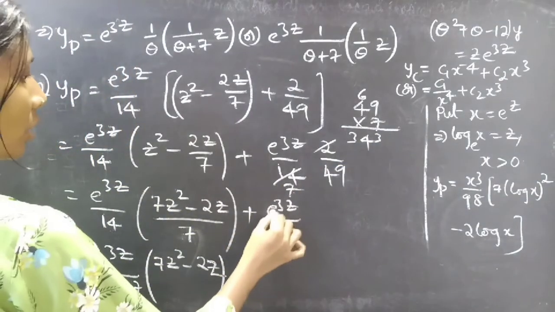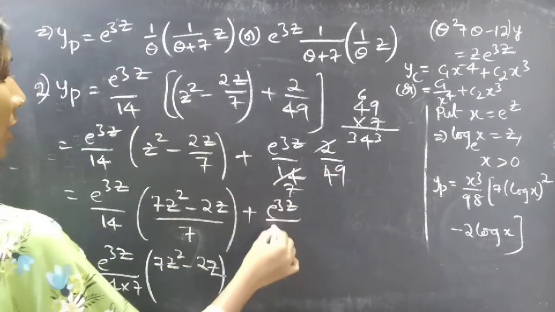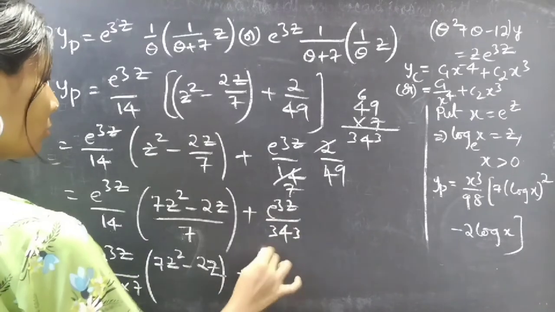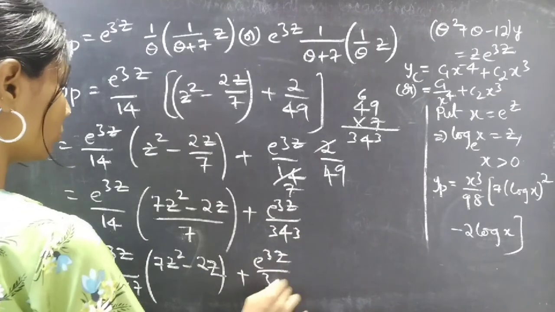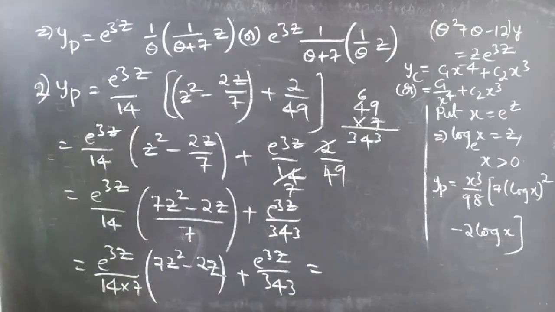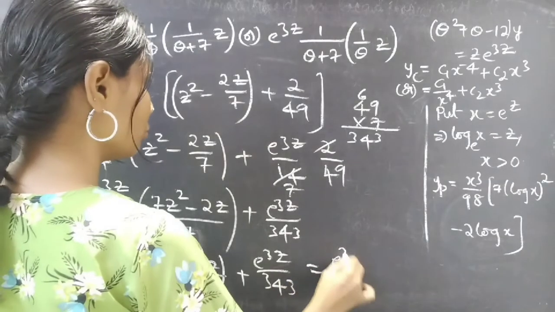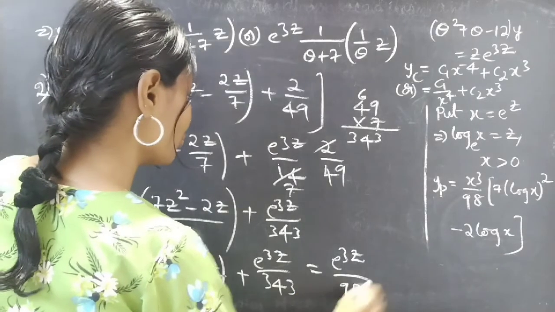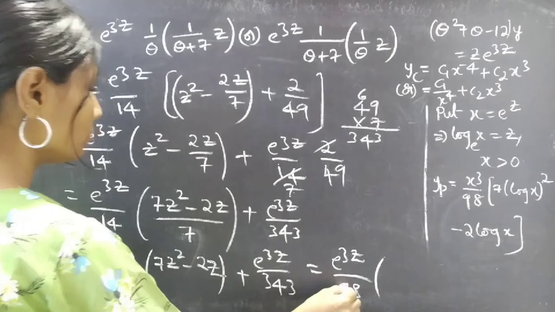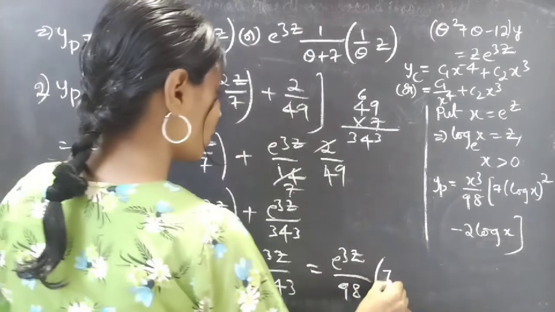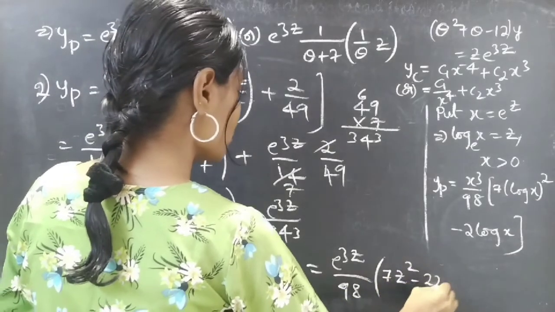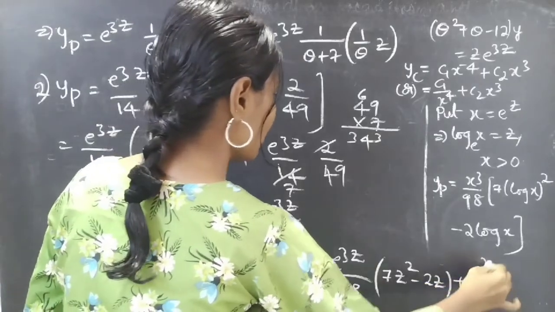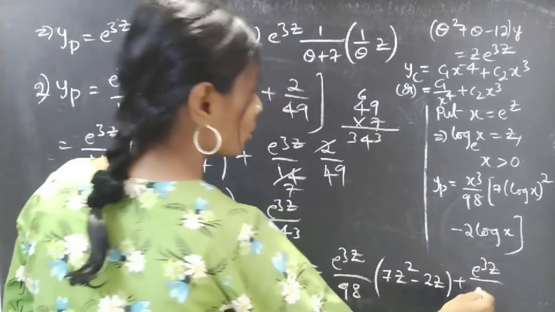Then this becomes e power 3z by 7 49s, 343, which is equal to e power 3z by 14 sevens are 98 into 7z square minus 2z plus e power 3z by 343.